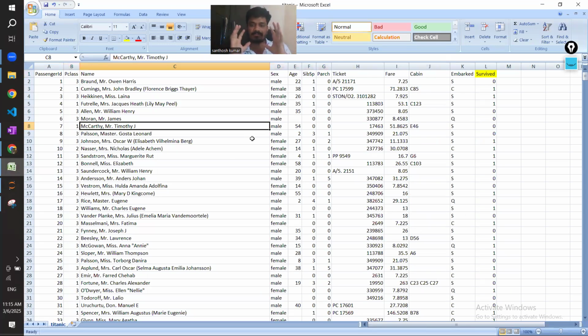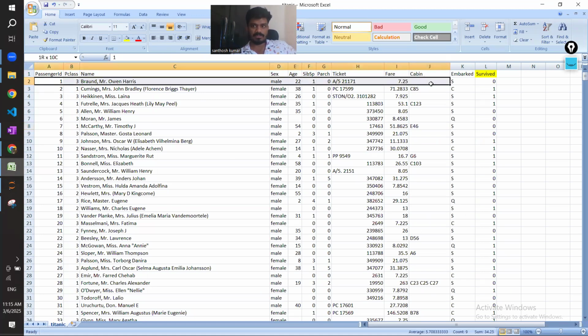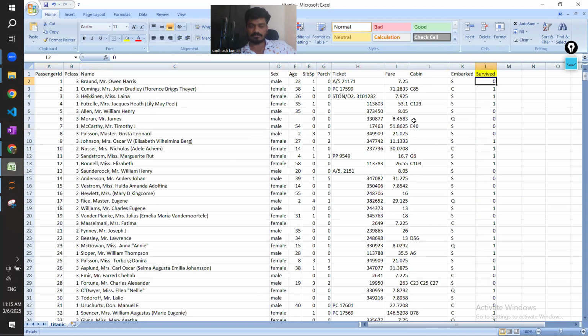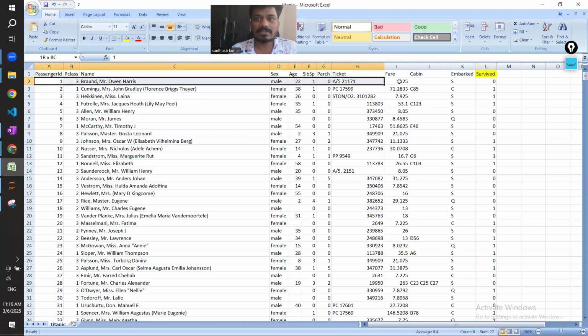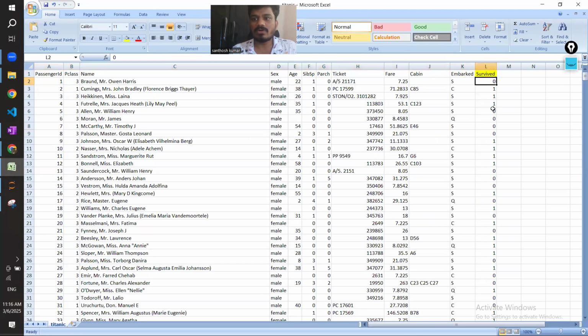When I say this is a classification problem, these are my inputs and this is my output. In Naive Bayes terminology, we are saying: given this input, what is the probability of the output becoming 0 or 1?